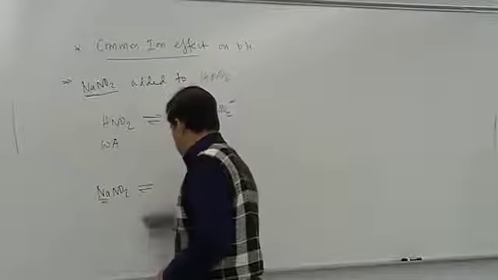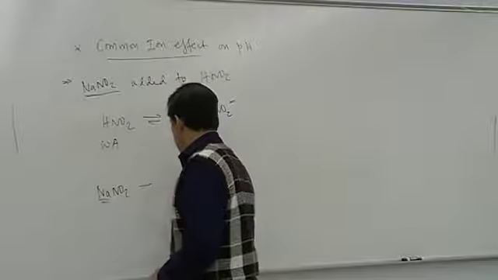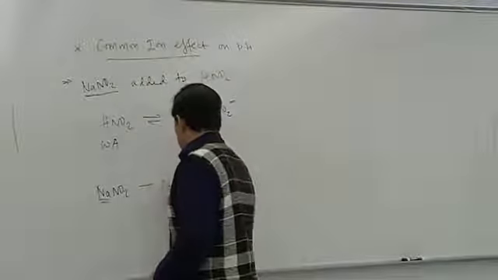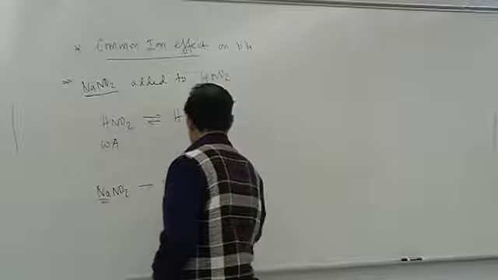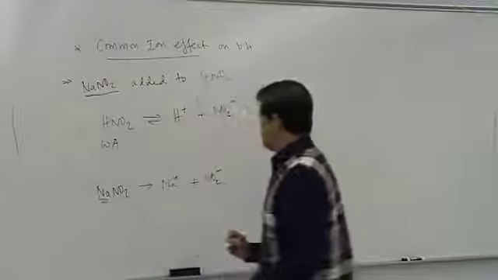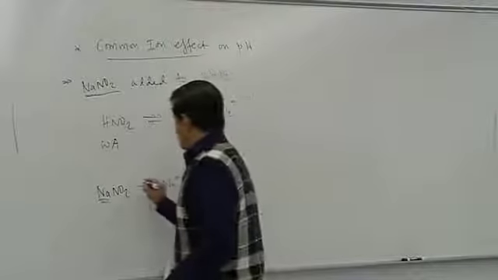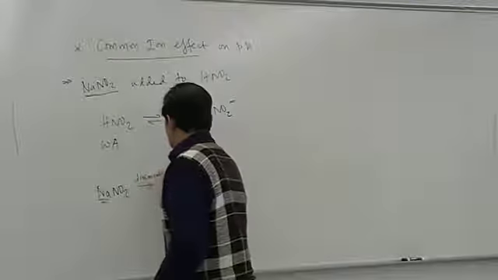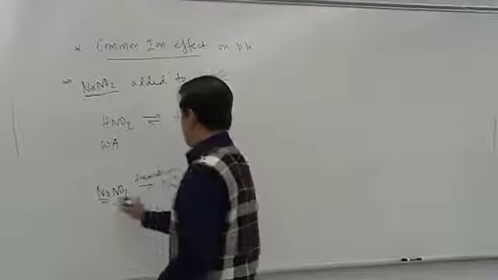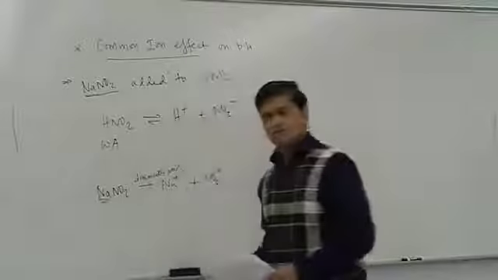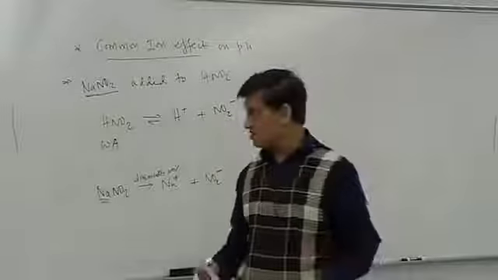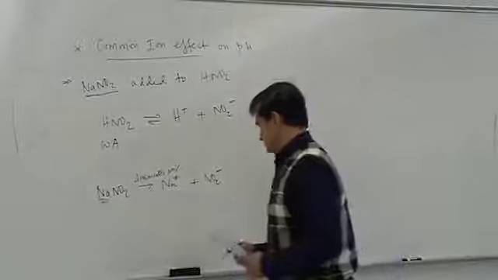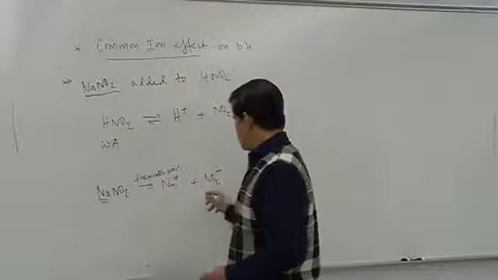So that means there will be no such equilibrium. It will be sodium plus NO2 minus. So it completely dissociates 100% because of sodium. Almost all sodium salts, potassium salts, they break down 100%.